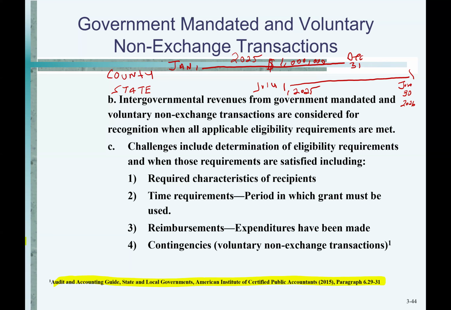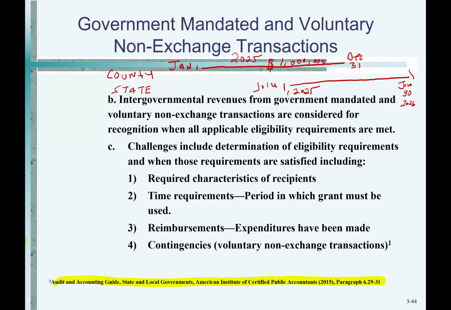But as a practical matter, since these mandatory grants tend to come down in fairly even tranches over the years, it really doesn't matter, because they'd get another million in July of 2026, and even though some of that money would shift over into 2027 use, they'd count that all in 2026. So it'll be fairly consistent from year to year.